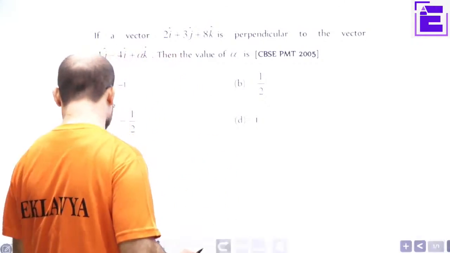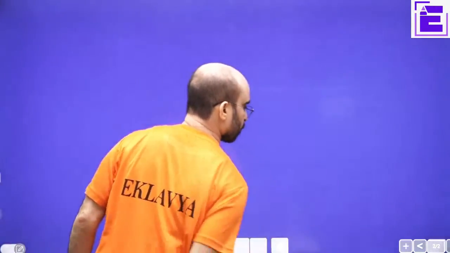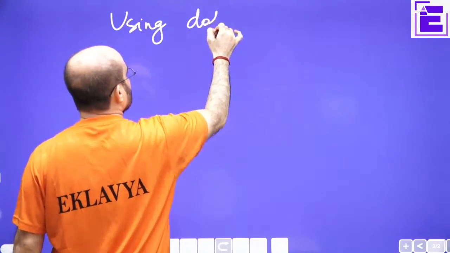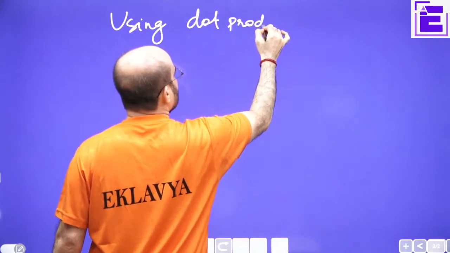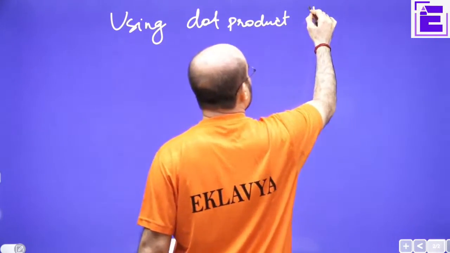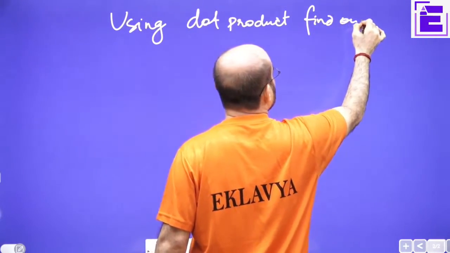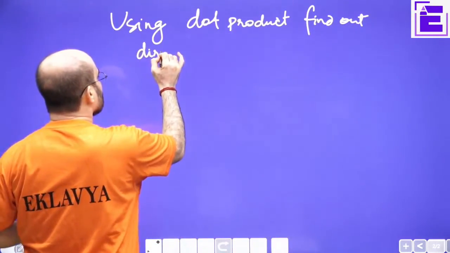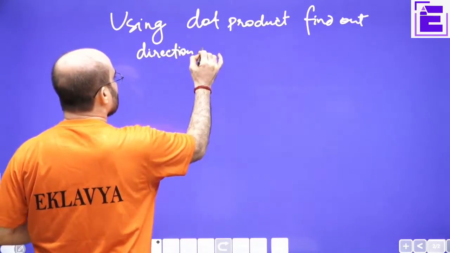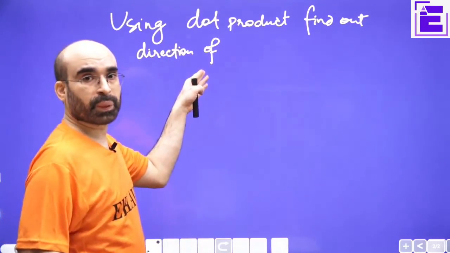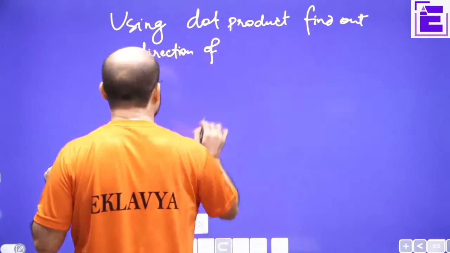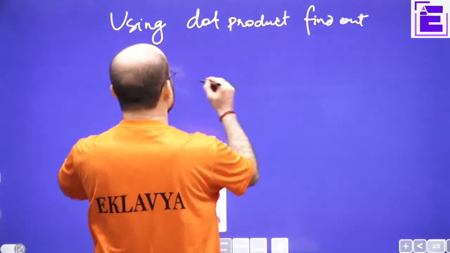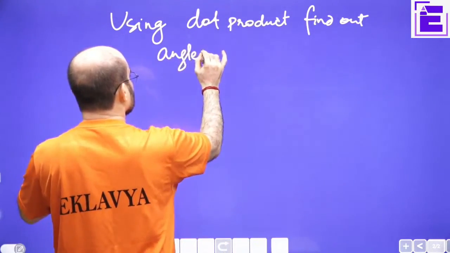Using dot product, find out the direction of, or find out the angle between two vectors. Angle between two vectors.